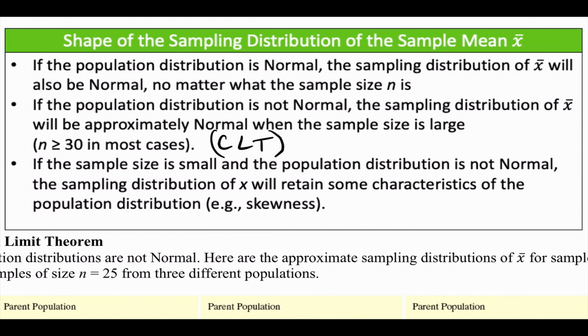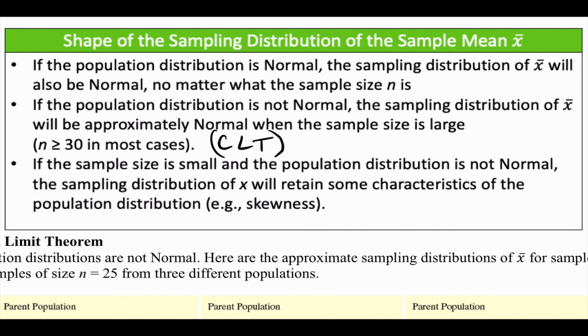Doesn't have to be all of them, could just be one. As long as one is okay, we're good. If the population is stated as normal, then I'm good. If the population is not stated as normal, but the sample size is big enough, 30 or more, then I'm okay with using the central limit theorem. If neither of those works, I have to check for outliers or skewness.